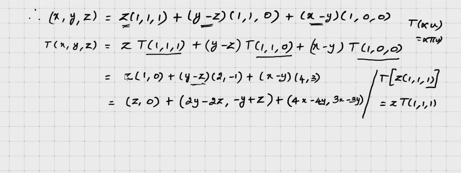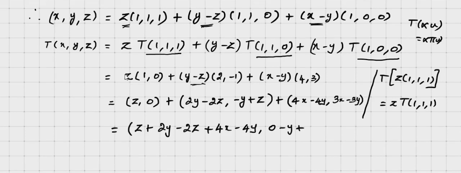The next thing is I have to add the respective components. So z plus 2y minus 2z plus 4x minus 4y, comma, 0 minus y plus z plus 3x minus 3y.